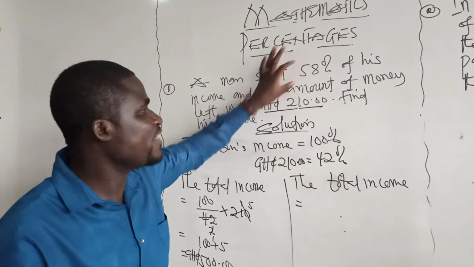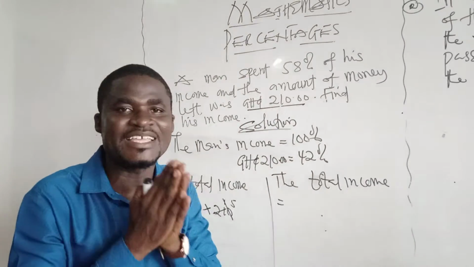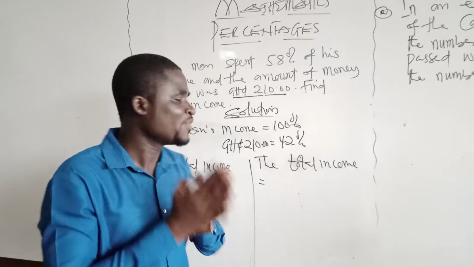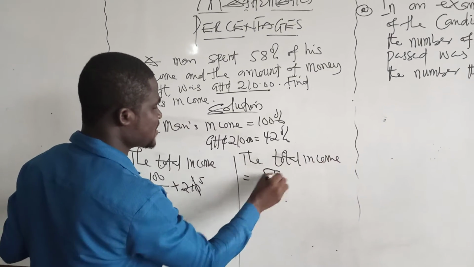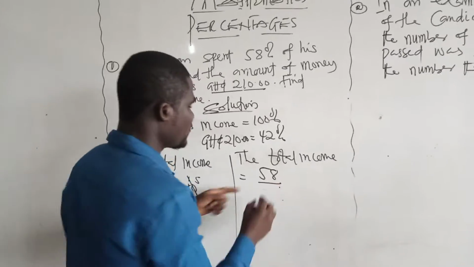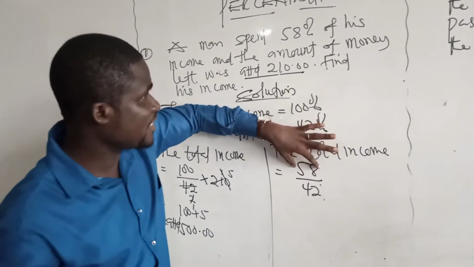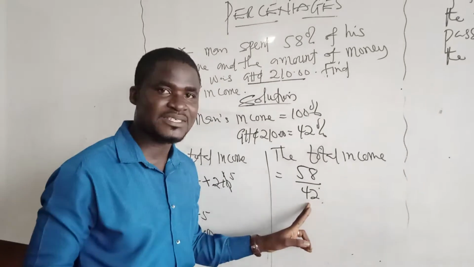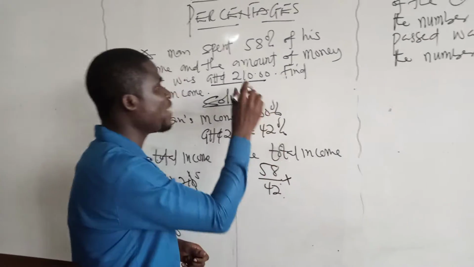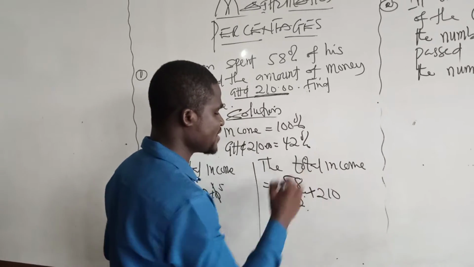When you are done, add it to the amount left to give you the total income. So 58% over 42%. This is the percentage spent, this is the percentage left, times the amount left, 210. So 210 Ghana cedis.